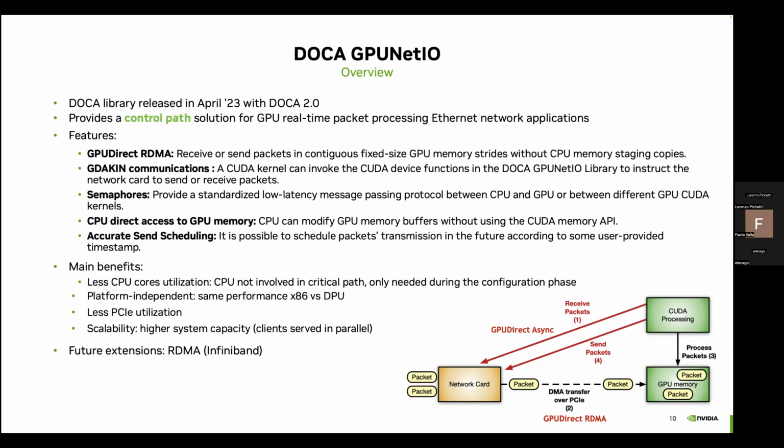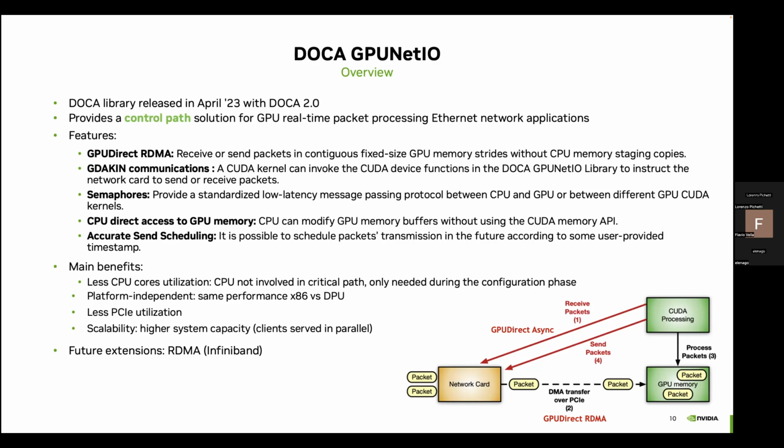So summarizing, with GPUNetIO we have less CPU core utilization because the CPU is not involved in the critical path. You have a platform independent solution because it doesn't matter if you are on a DPU with ARM cores or an x86 with Intel cores, for example. If you have the same GPU, the same network card, and the same PCIe, of course, your application will behave in the same way.